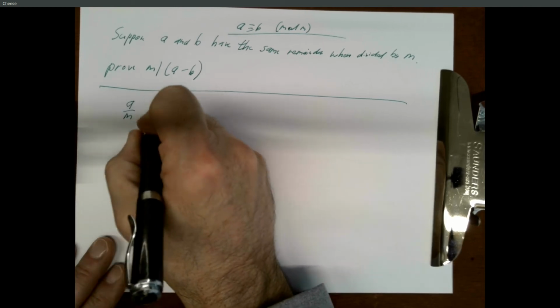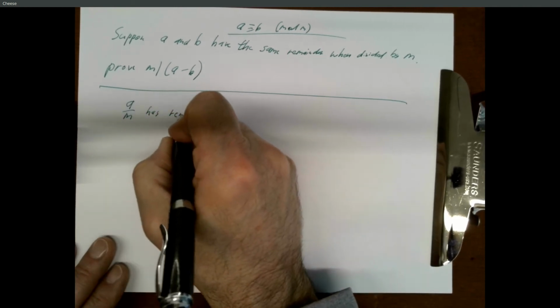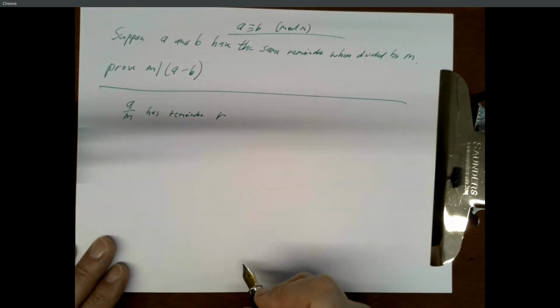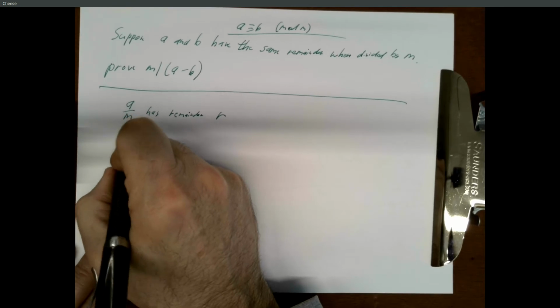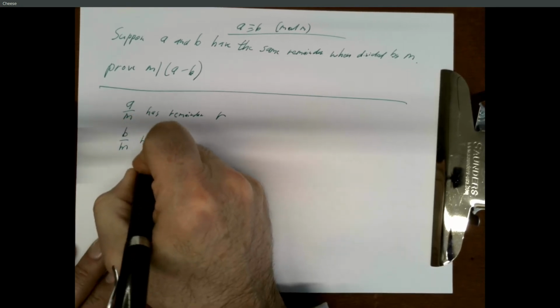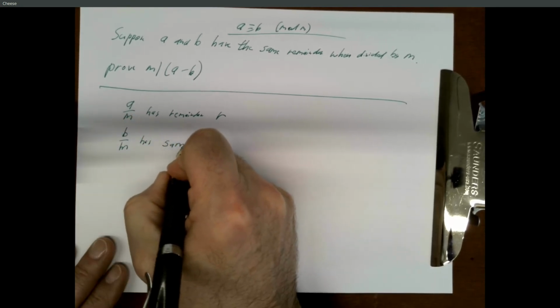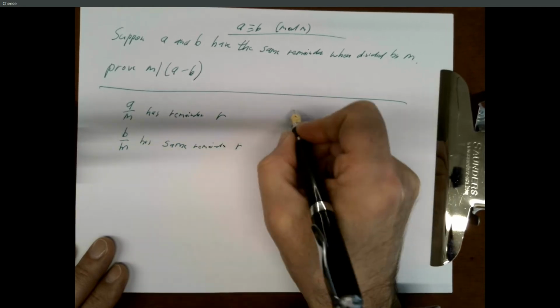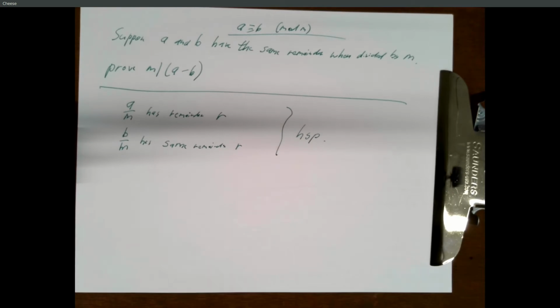a over m has some remainder r, right? And b over m has the same remainder r. Right, that's your hypothesis. And when you divide each of those by m, you get the same stuff left over.